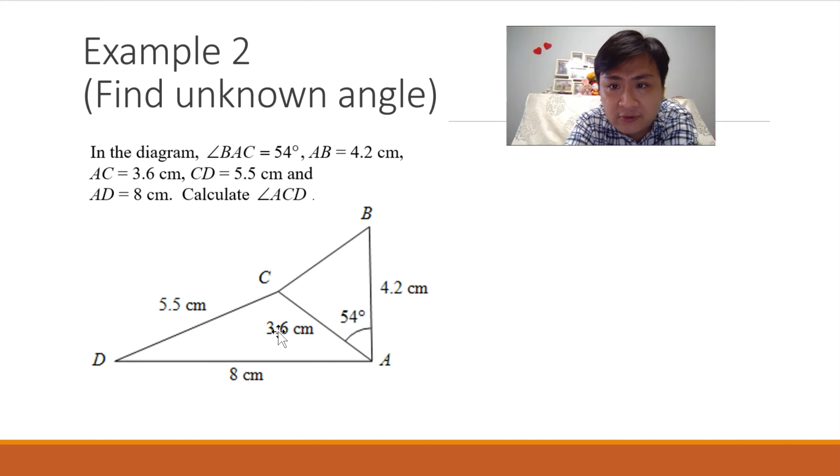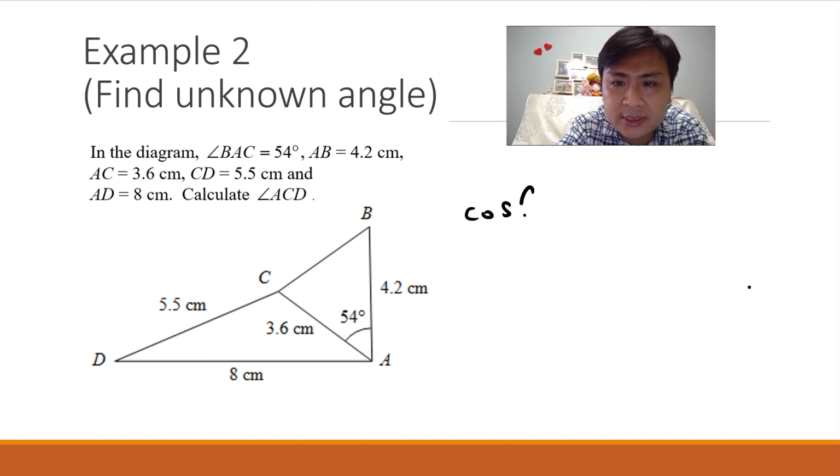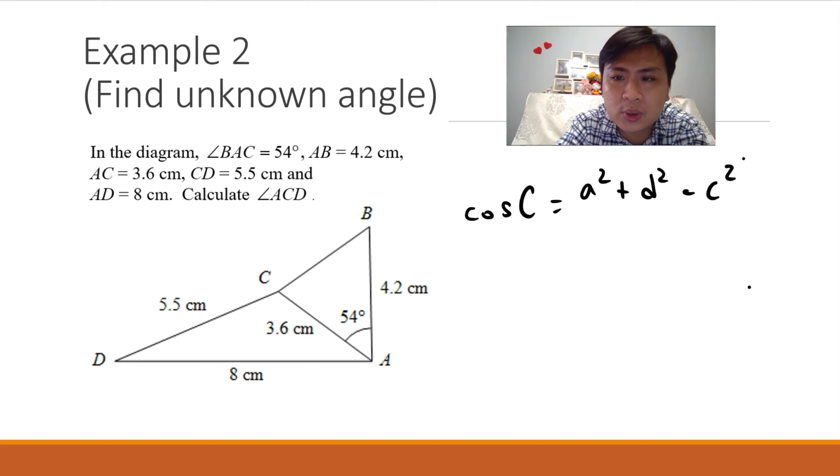Then let's check: do we have 3 given lengths? We have 1 length, 2 lengths, and 3 lengths. Yes, we have 3 given lengths, so we can make use of the cosine rule to find our answer. Let's apply the cosine rule now. We want to find angle C, so cosine angle C will be equal to a squared plus d squared minus c squared, divided by 2ad.